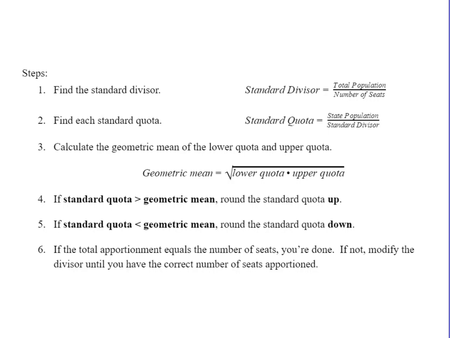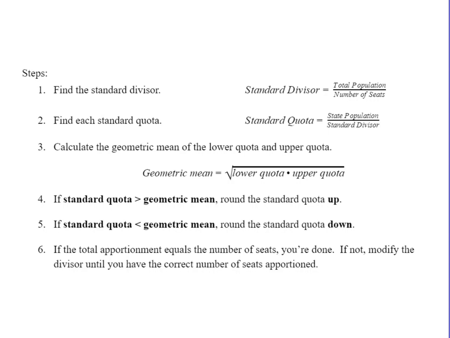You're going to take the lower quota, which remember is the standard quota rounded down, and the upper quota, which is the standard quota rounded up, and calculate the geometric mean of those two. Geometric mean is the square root of the product of two numbers. So in this case, we're going to have the square root of the lower quota times the upper quota.